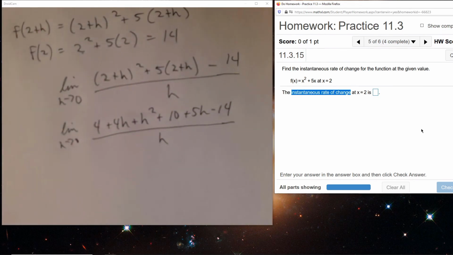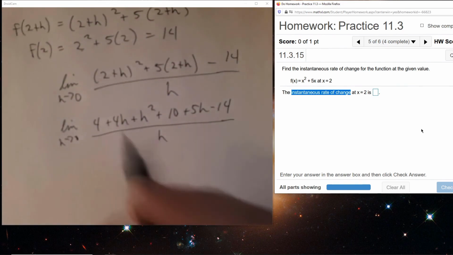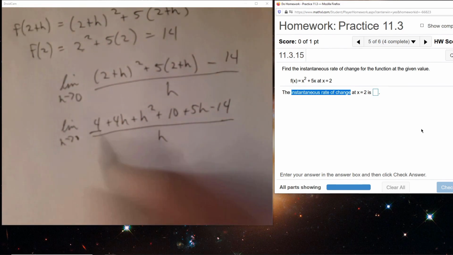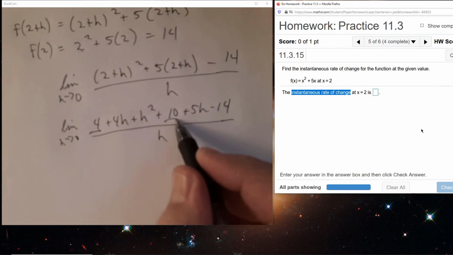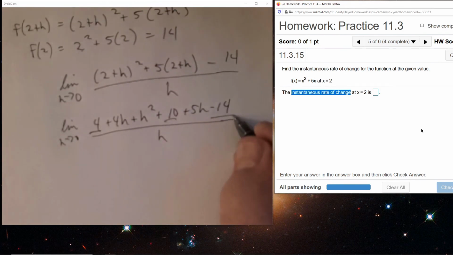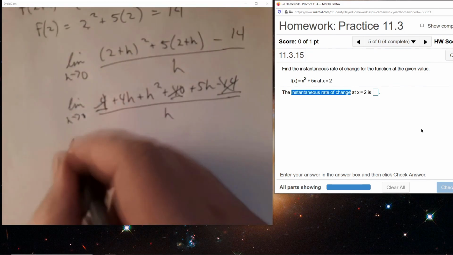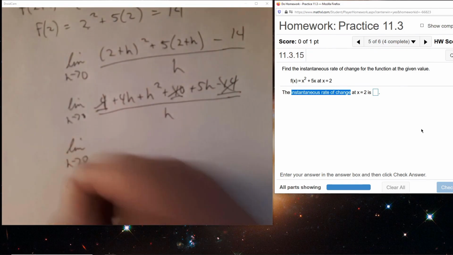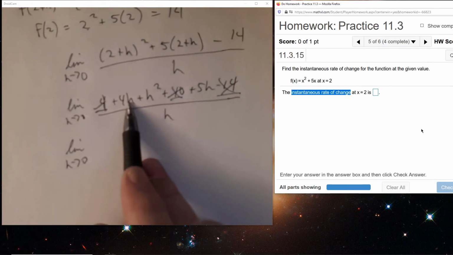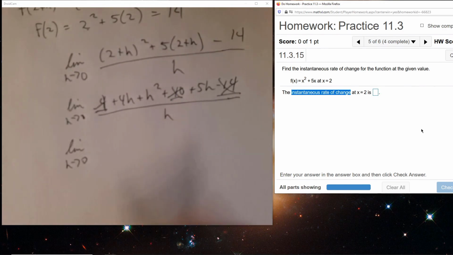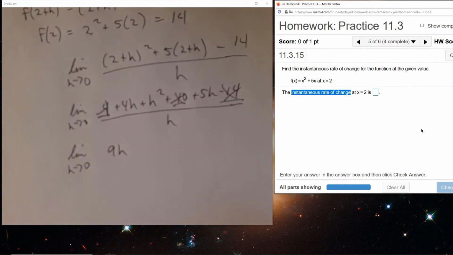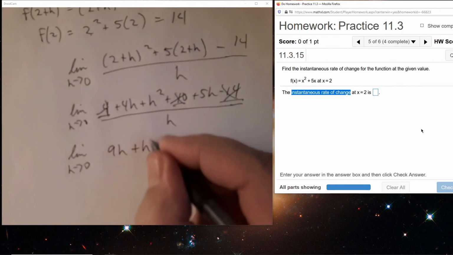So there's distributing everything out, and let's see what we have. 4 plus 10 is 14, minus 14, gone. And that's it. So what's left over here? We have a 4h and a 5h. Take this, a 9h and an h squared.